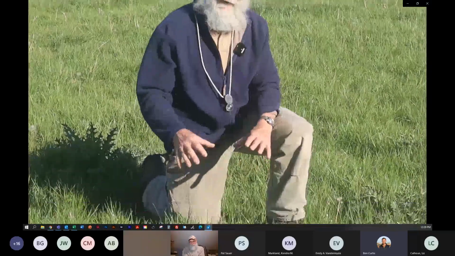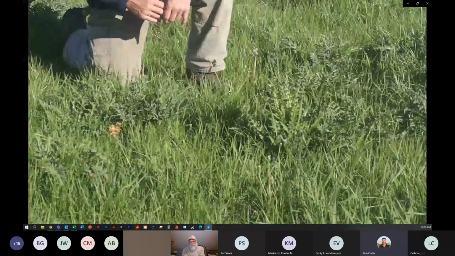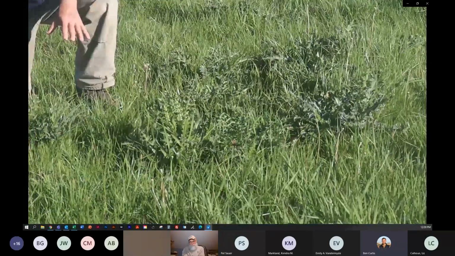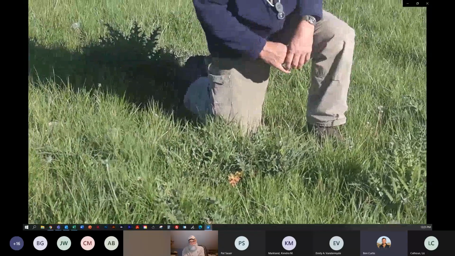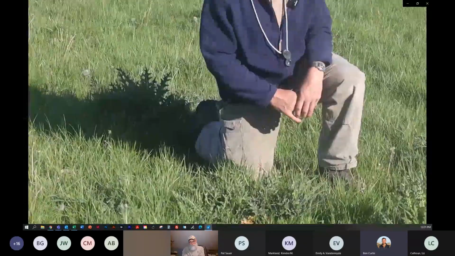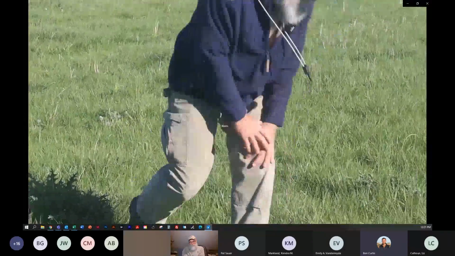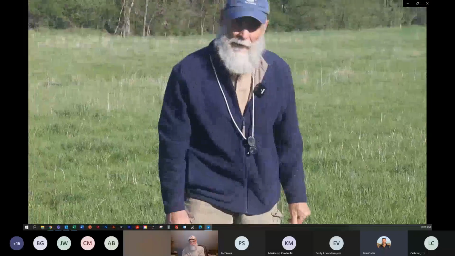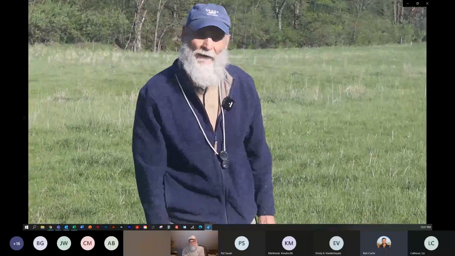Bull thistle usually has a duller kind of grayish green look to the leaves. And again, this one is a lot more shiny. When the plants are in flower, you can tell them apart by the flowers. So musk thistles are something that probably need to be controlled. I think they might be one of those species that are on the noxious weed list.